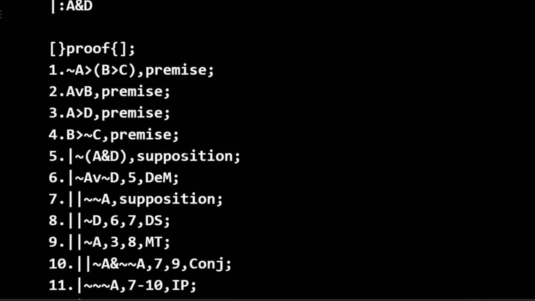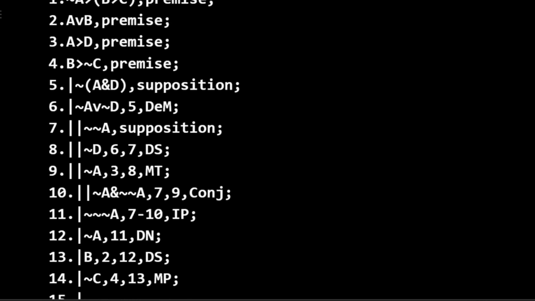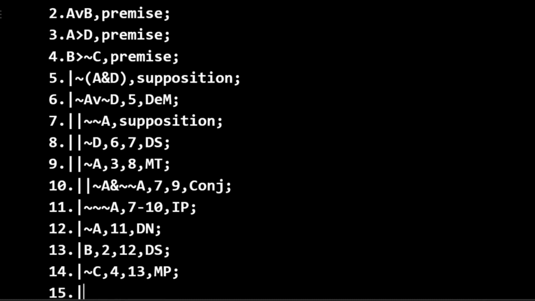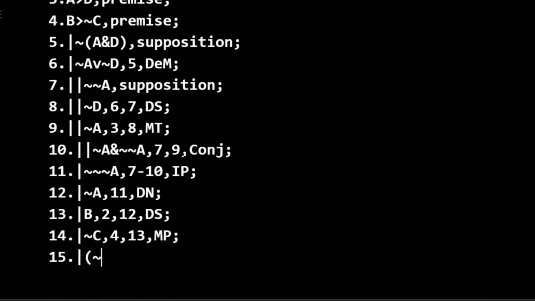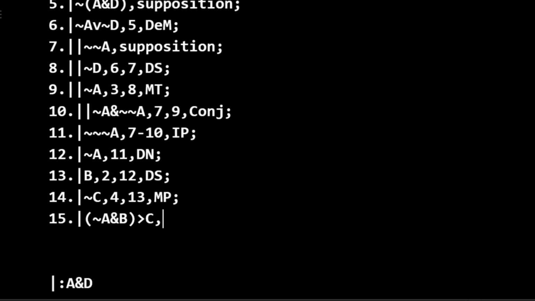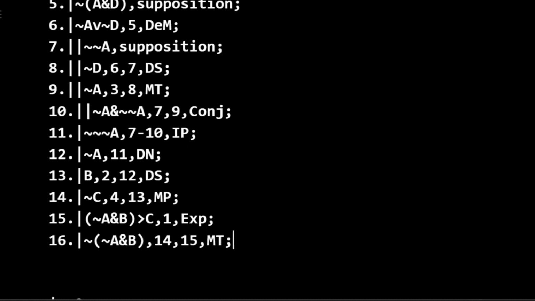And let's see, not C, in line 1 we can do not A and B only if C, right? So exportation. And then we can get not A and B from 14 and 15 by modus tollens.